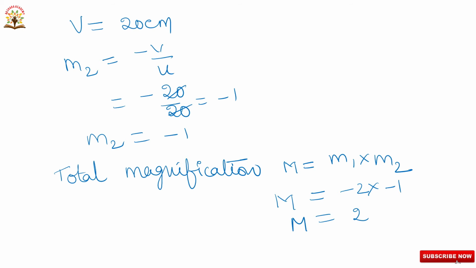This is the total magnification. Therefore total magnification M is equal to 2. This is the final answer.